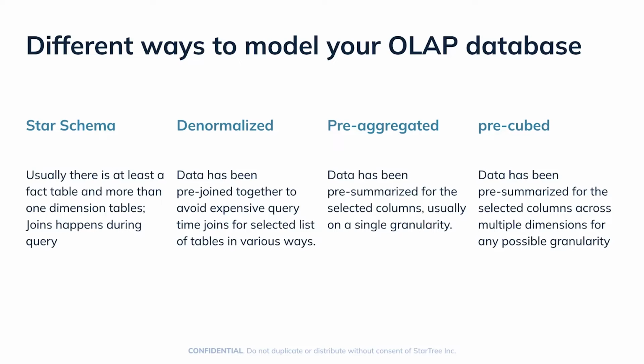So from the left to the right, the pre-computation gets more and more expensive, but at the same time, the query time computational complexity gets less and less. Normally speaking, most of the OLAP databases out there are doing one of the three in the right corner, denormalization, pre-aggregation, or pre-cubing, so that you don't actually have to do the join during query runtime.